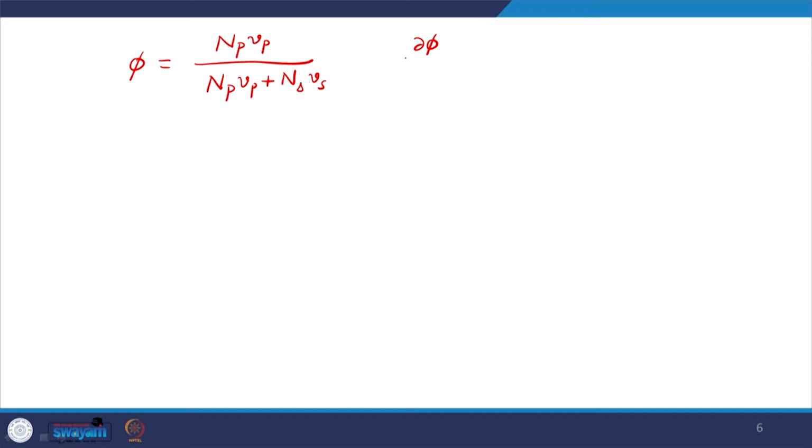So, therefore, ∂phi/∂N_p will be equal to N_p V_p plus N_s V_s, that is the denominator, multiplied with derivative of the numerator, that is V_p, minus the numerator multiplied with derivative of the denominator.